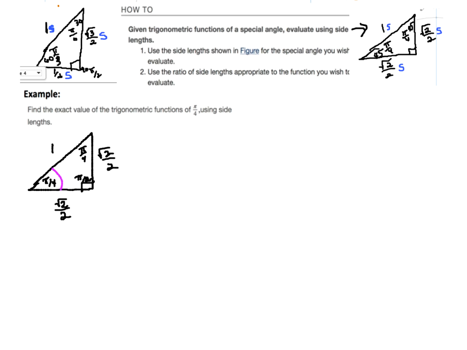We'll choose that one, which means this side is adjacent, this side is opposite, and this is the hypotenuse. And actually, I'm going to go ahead and include the S's on this. So these are in proportion.